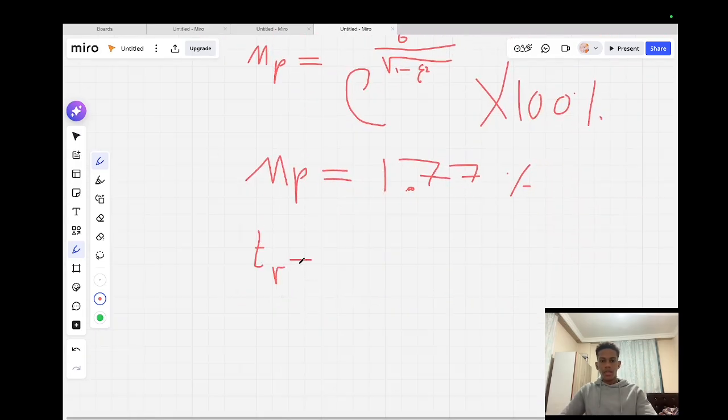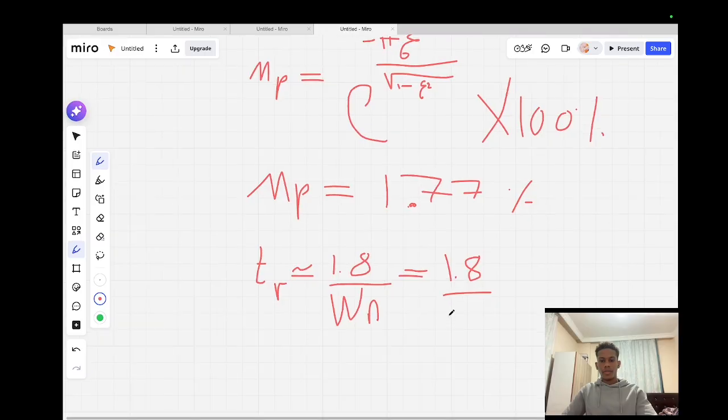TR is approximately 1.8 over the natural frequency. It's equal to 1.8 over square root of 10. It's approximately 0.57.